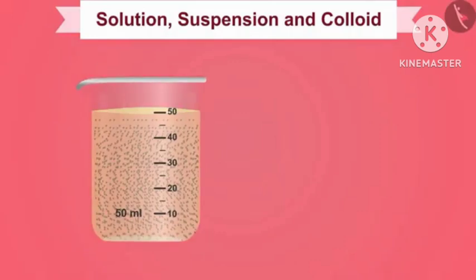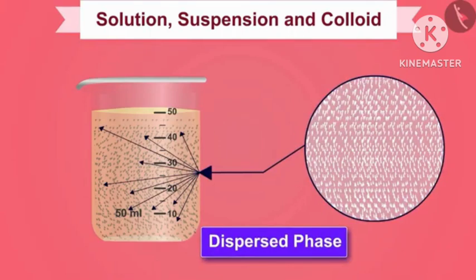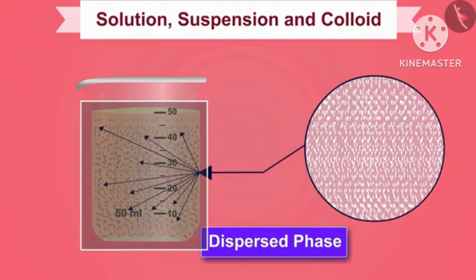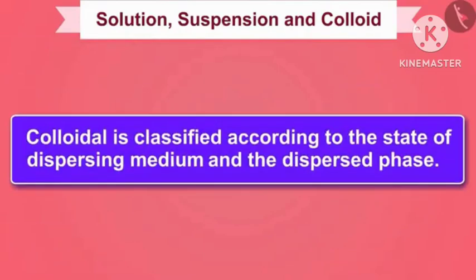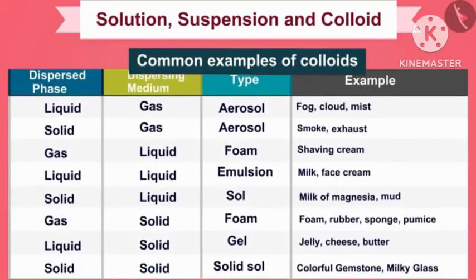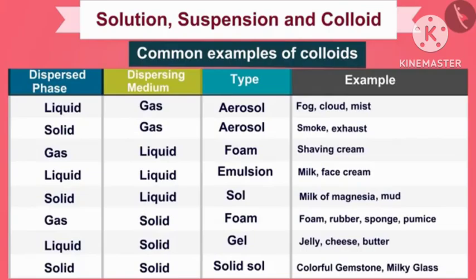The dispersed particle which remains in colloidal form is called the dispersed phase. And the component in which the dispersed phase is suspended is called the dispersing medium. Colloids are classified according to the state of the dispersing medium and the dispersed phase. Here, you can see some examples of this.